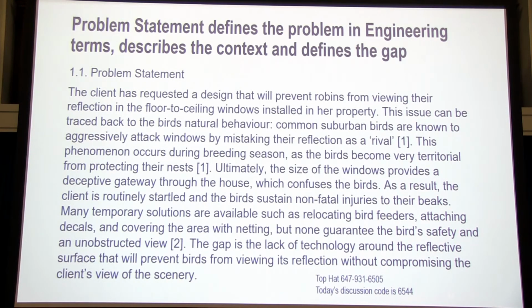This group starts with what the client has requested and begins to explore it in scientific terms. They don't really come up with what they will eventually determine to be the focus of the design, but they do get to the gap, which has to do with the reflectivity of the windows.